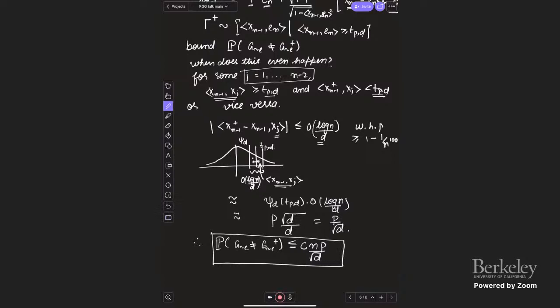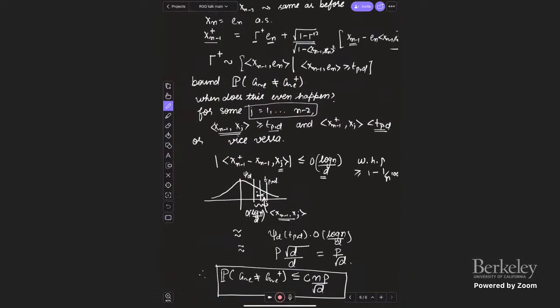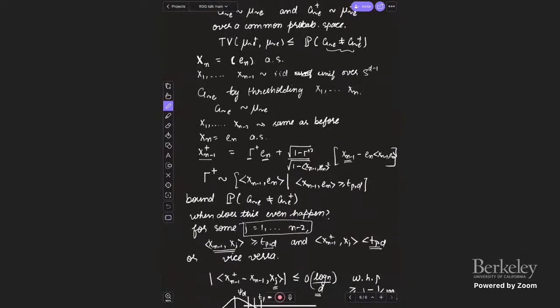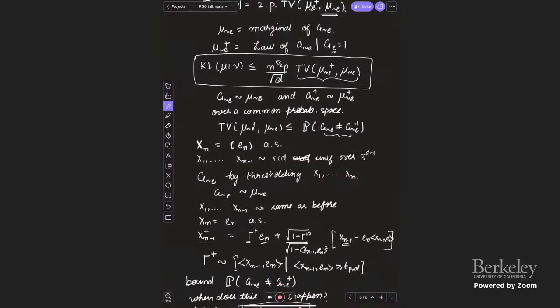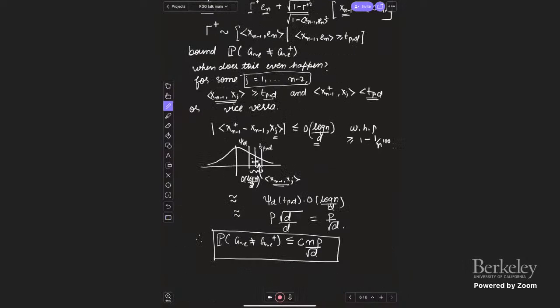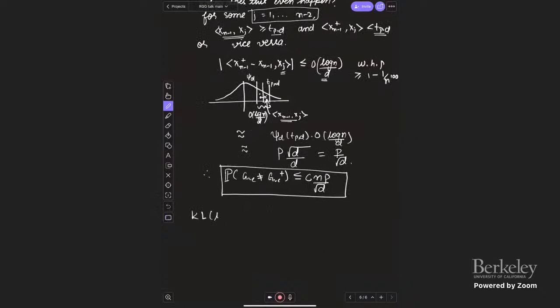Now we go back to our previous equation way above here, which showed this. Let me copy that back down. KL between mu and nu is less than or equal to n to the 5/2 times p over square root of d times the probability that G tilde E is not equal to G tilde E plus, which is less than or equal to n to the 7/2 p squared over d.